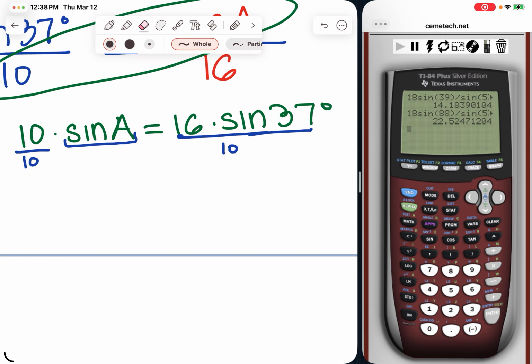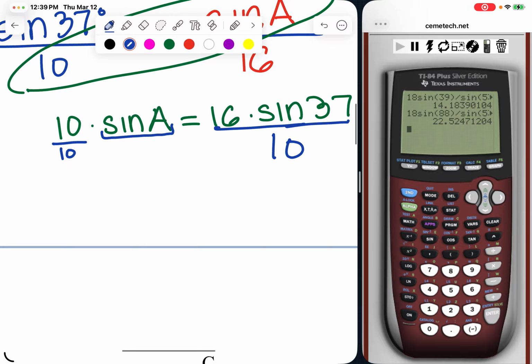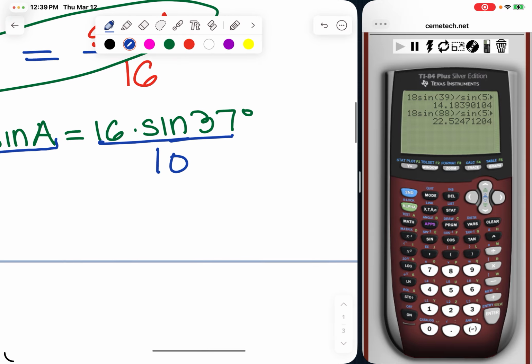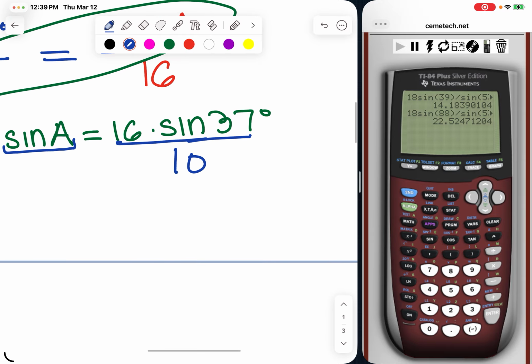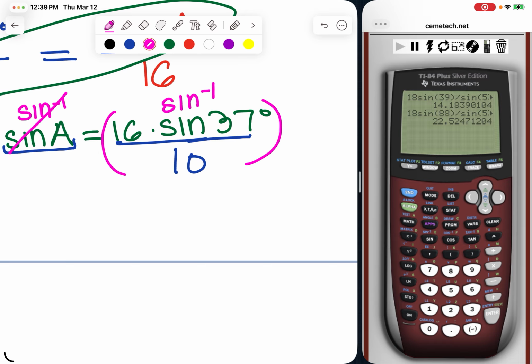These cancel. Now I have sine of A equal to that, and I need to get rid of sine. So to get rid of sine, I use its inverse, which is sine inverse. So this is what I'm putting in my calculator.